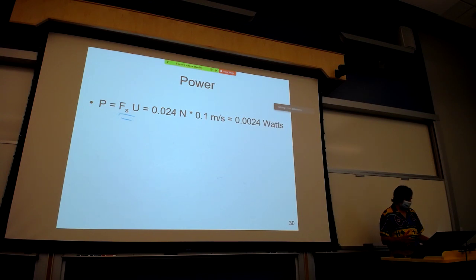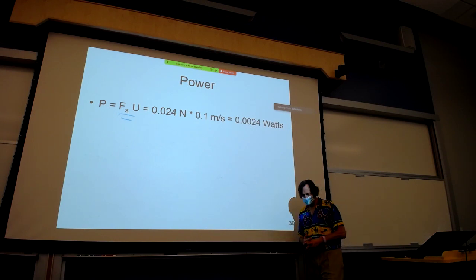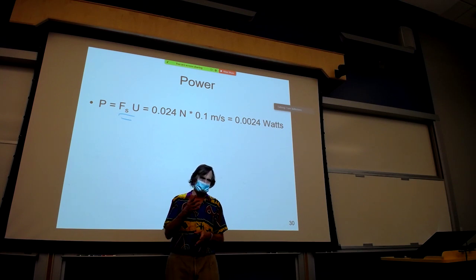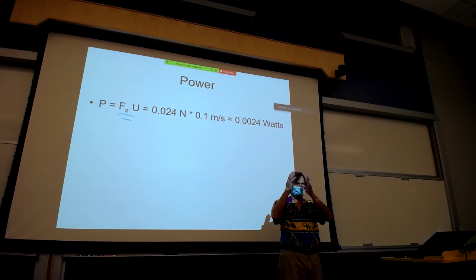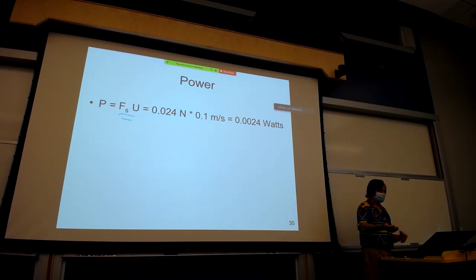Again, we need to recognize first, in all of these classes of problems, what is the boundary Reynolds number? Once you know what that is, it tells you which column of the equations to use. We knew today we were in the laminar zone.